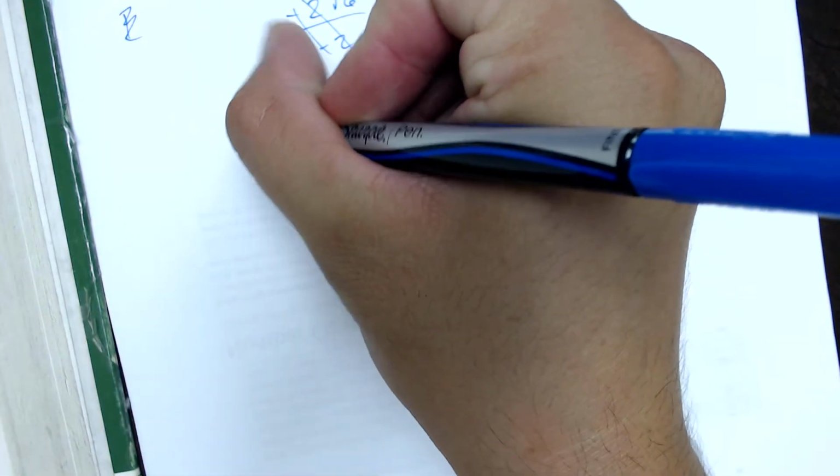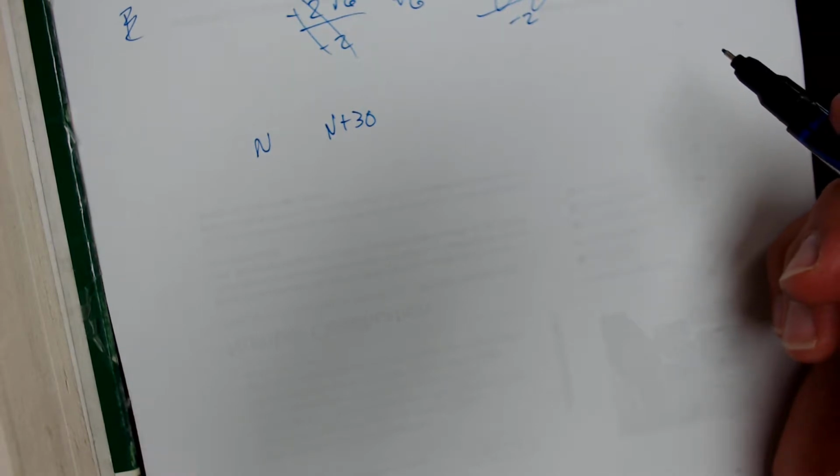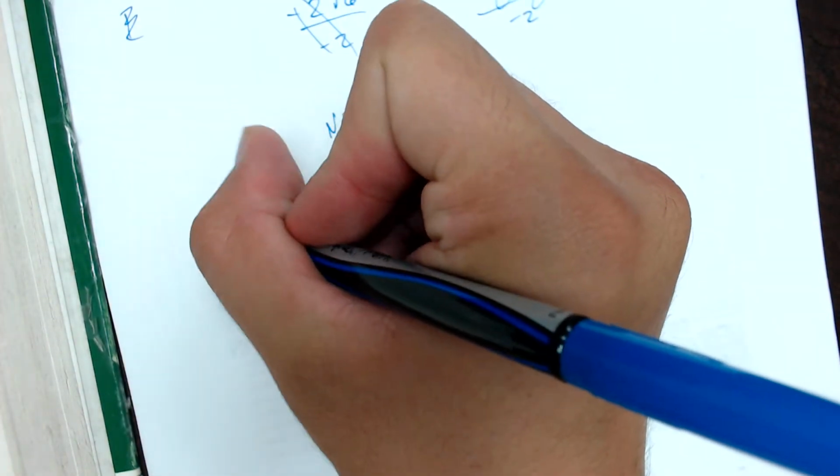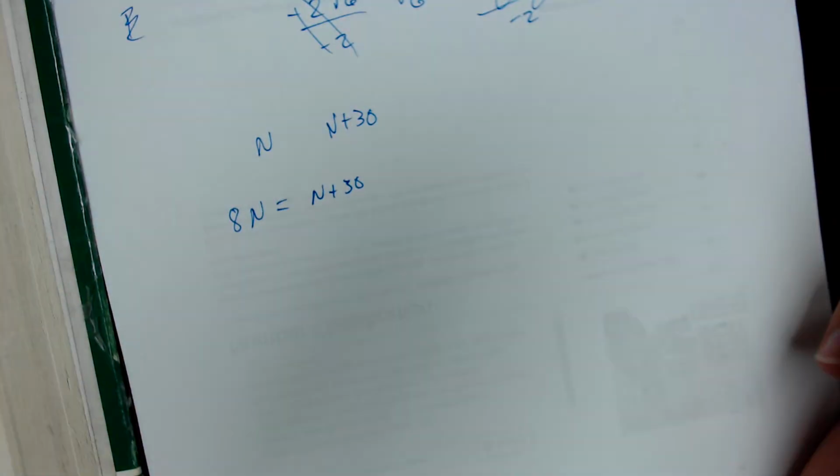So we'll say we have n, and then we have n plus 30. Right? That's a good way to say it. And their geometric mean is 8.